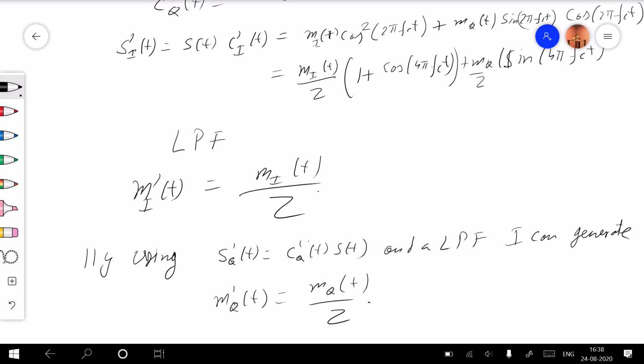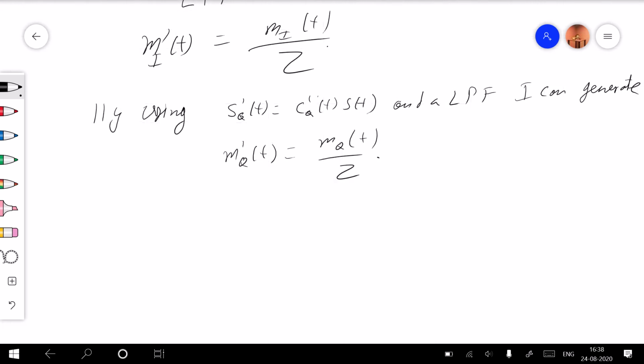Another way of looking at this is to consider the complex baseband signal. Say consider M(t) equals M_I(t) minus j M_Q(t).